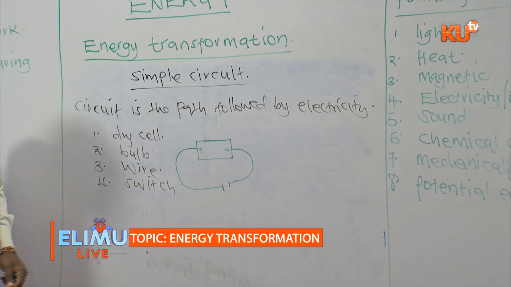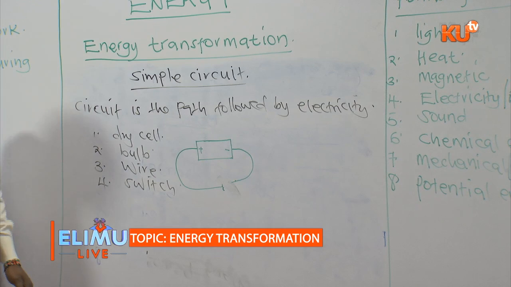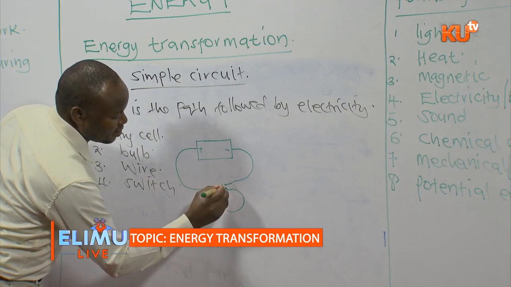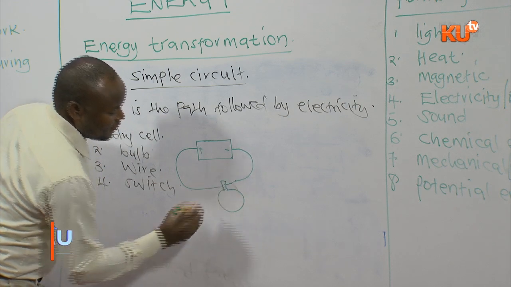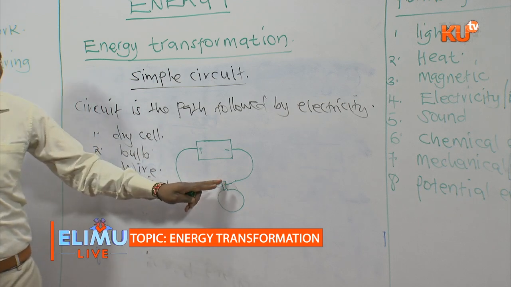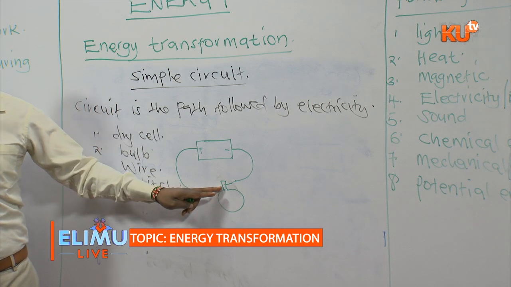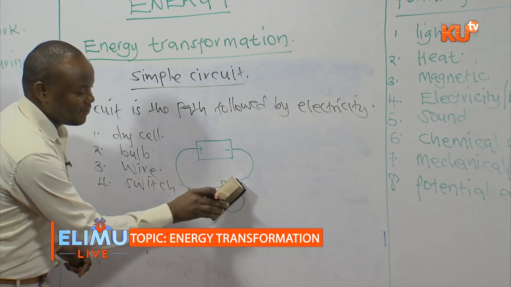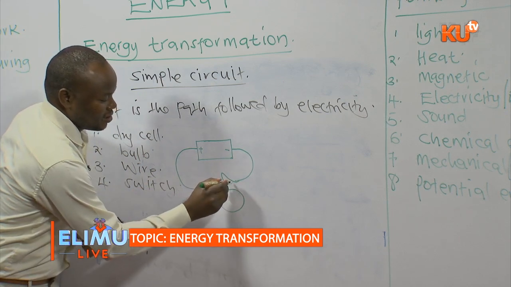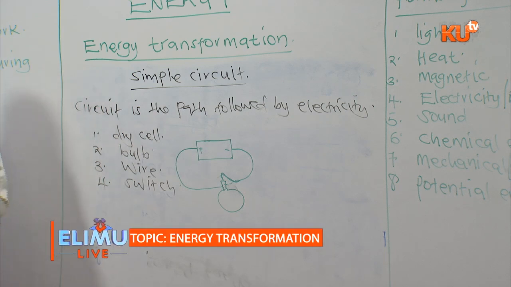If you check that connection of mine, it is wrong. This wire should connect into this part, and then this one connects on the other side, because the bulb also has negative and positive. So this one is what you call a complete circuit.